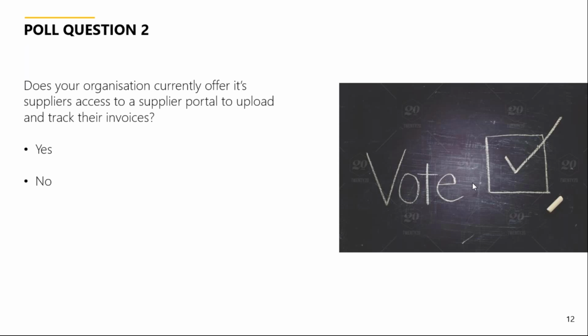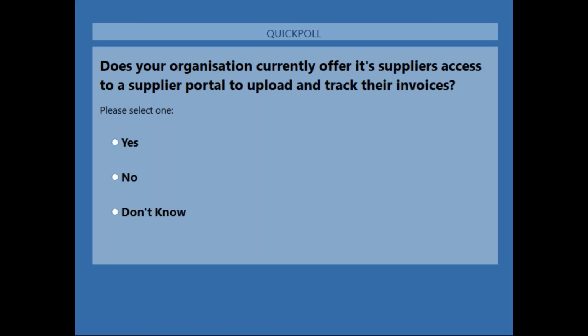Thank you. And the question is, does your organization currently have in place a portal for your suppliers to essentially do true e-invoicing? They can supply an invoice to you electronically, and more importantly, they can track that through your organization.